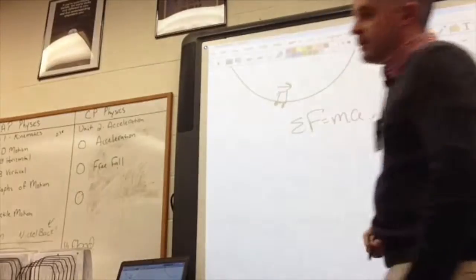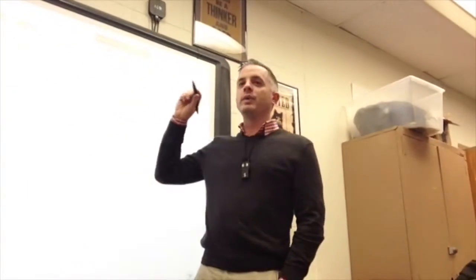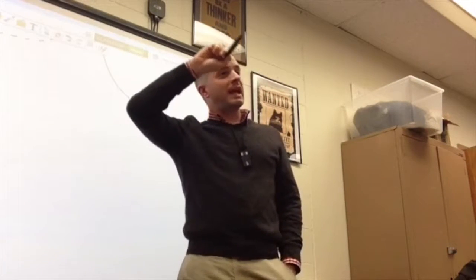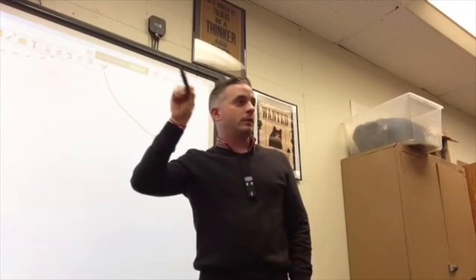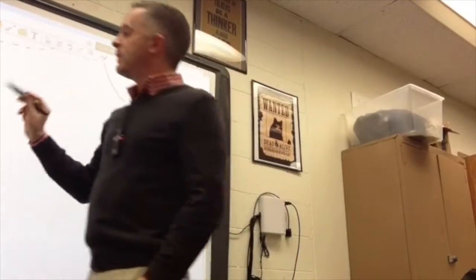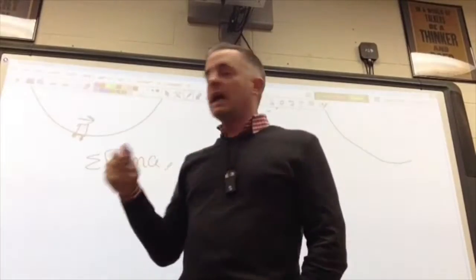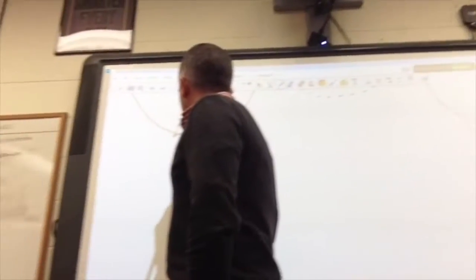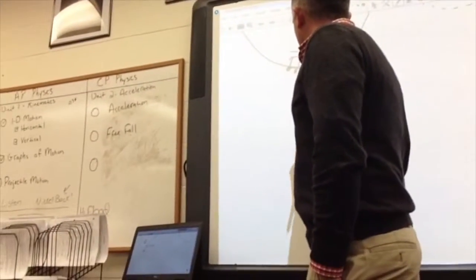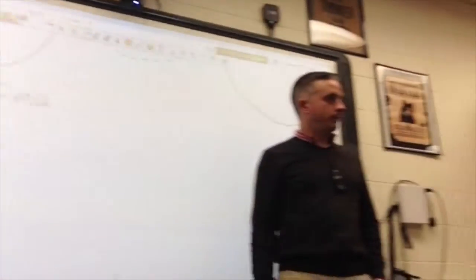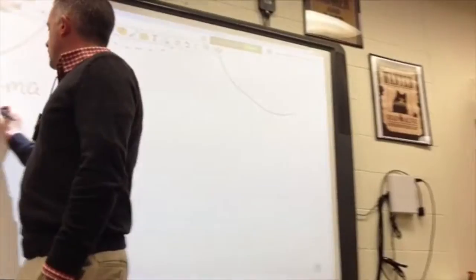So we had a free body diagram, and we said that if we want to meet that maximum speed where we could still stay on the circle and not go flying off, that was when the normal force was equal to 0. And in that instant, the only force we have is the weight of the car, mg.